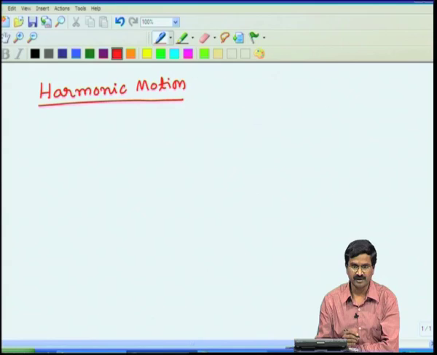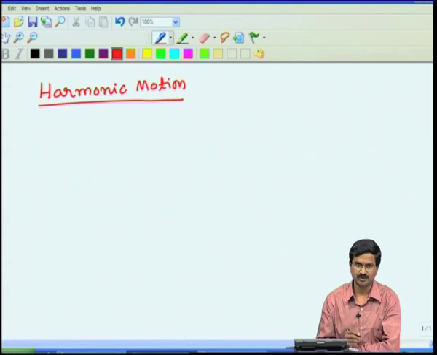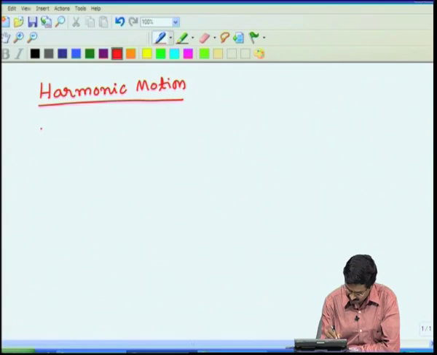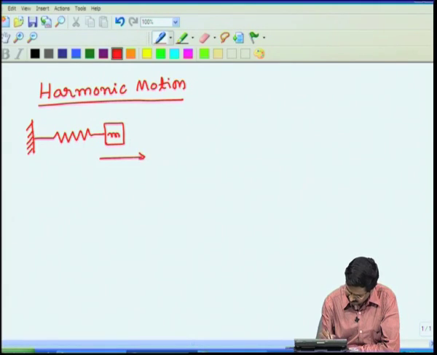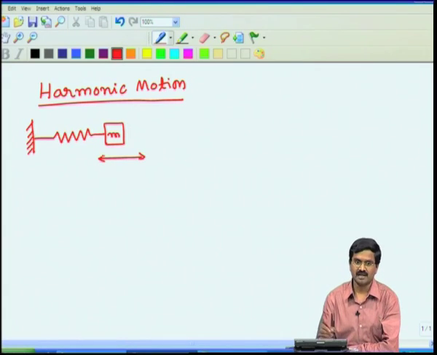What do we mean by harmonic motion or simple harmonic motion, SHM as we call it? It does not need to be always simple, but we will start with this basic harmonic motion, where we start with a spring which is attached to a mass, and let us say this can vibrate along this line here.